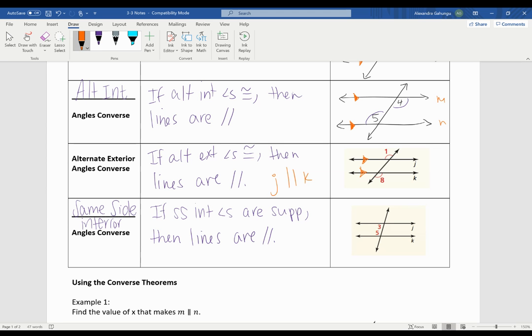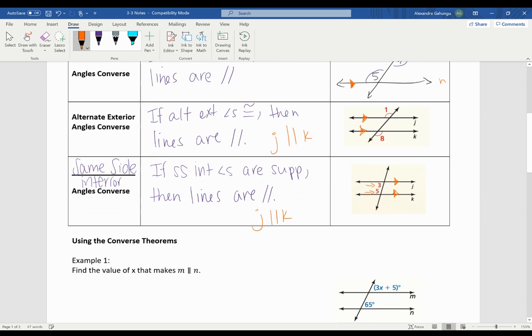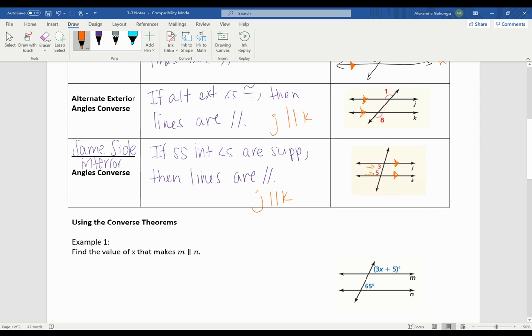So I've got J and K. If I know that the measure of angle 3 plus the measure of angle 5 equals 180, then I know that my lines, J and K, are parallel. So I can again say J is parallel to K. So we're working backwards. That's what the converse does.